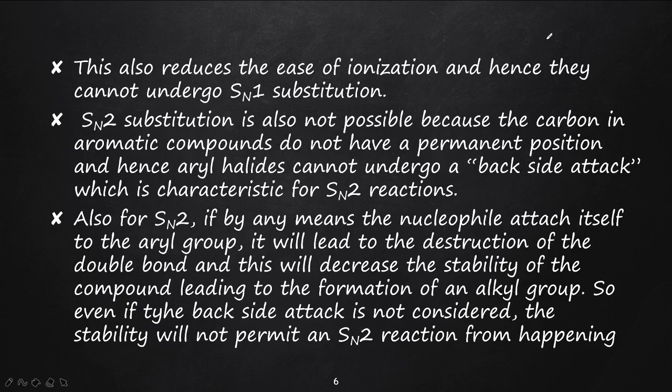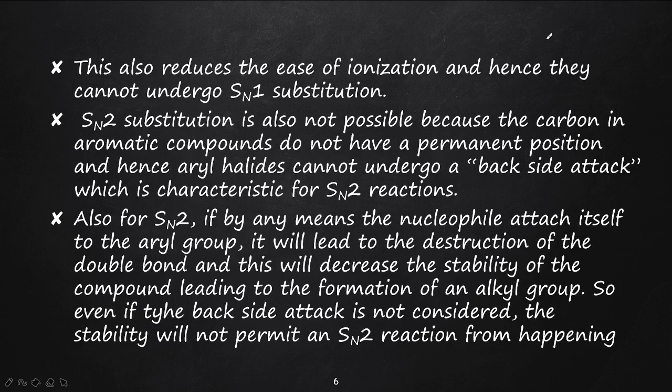That's why tertiary alkyl halides easily undergo SN1 reaction, because they form a stable carbocation compared to a primary alkyl halide. A primary alkyl halide does not form a stable carbocation, hence it undergoes SN2 reaction. But because of this stability, the ease of ionization is reduced and they cannot form ions at all. So SN1 reaction cannot occur.